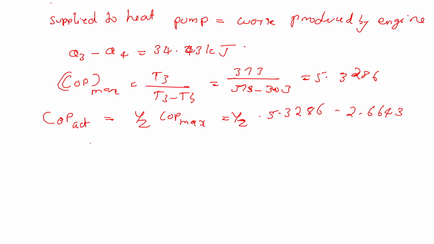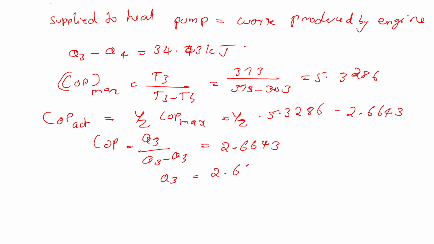Okay, now you know COP actual value, that COP actual you can write as Q3 divided by Q3 minus Q4, that will be same as 2.6643. Now Q3 you can find, 2.6643 times Q3 minus Q4, which is already there, 34.43. So that answer will be the value of Q3 that you have to find. Okay, so this is the way to solve this problem.